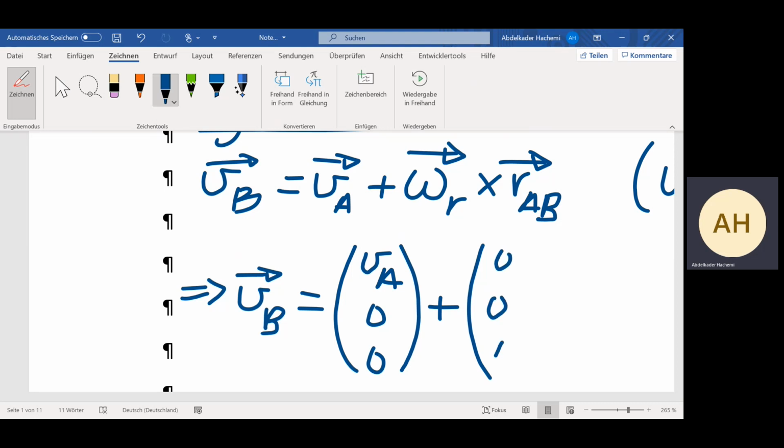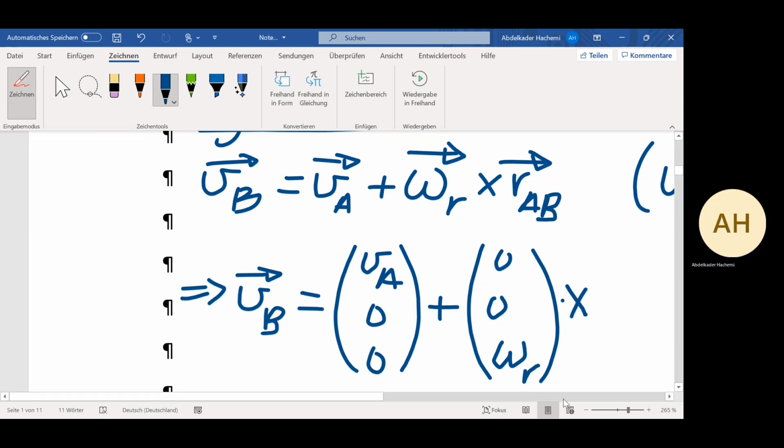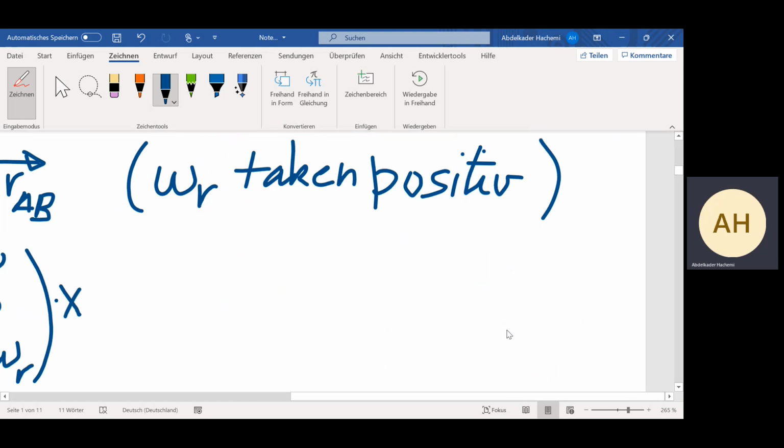And here we take the magnitude omega R cross the distance, which is minus the projection of L along X and Y direction.